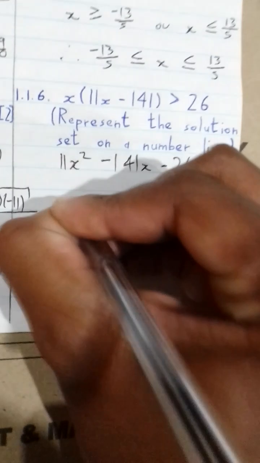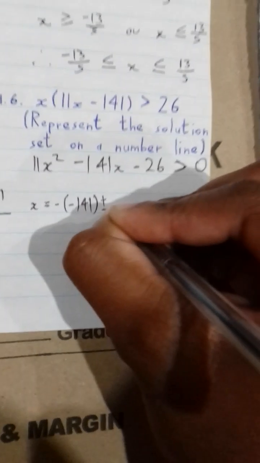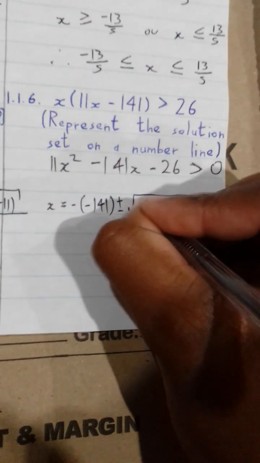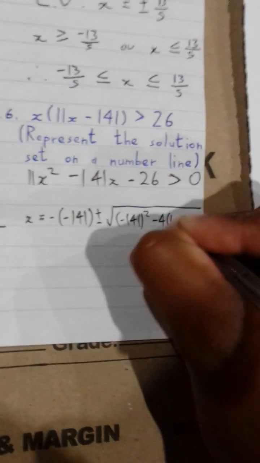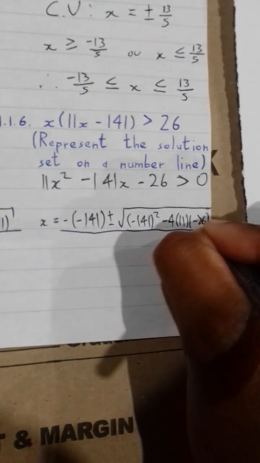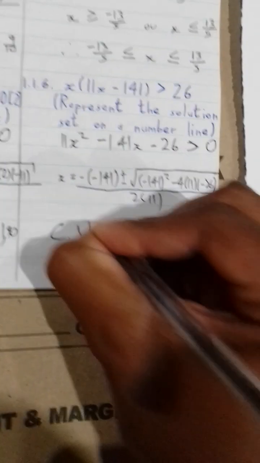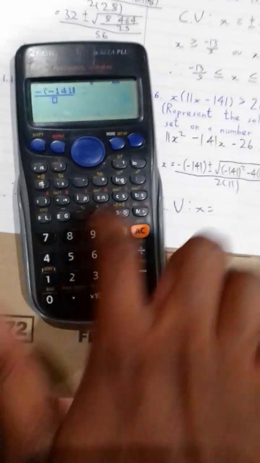Once again, quadratic formula. Minus 141 plus minus. So the critical values, x is negative 141.